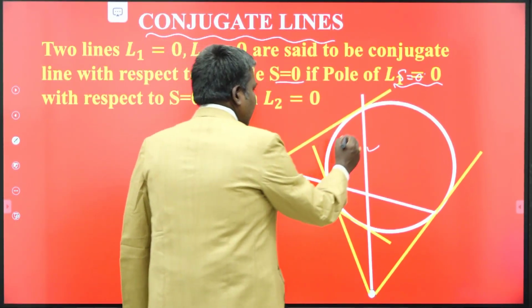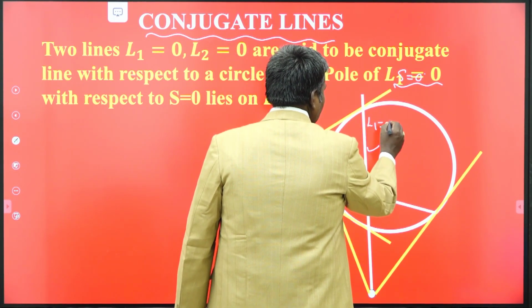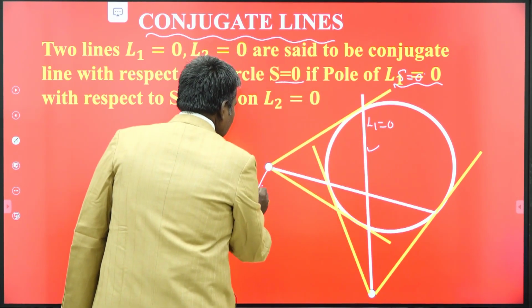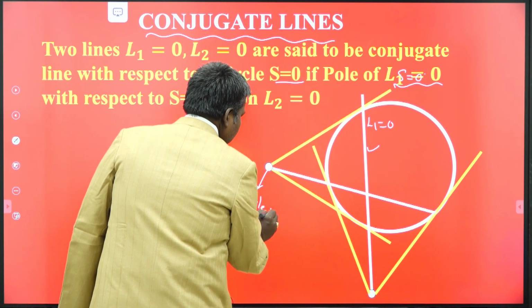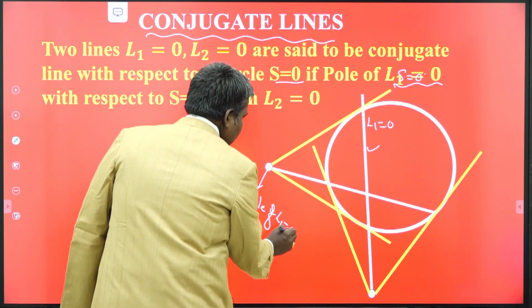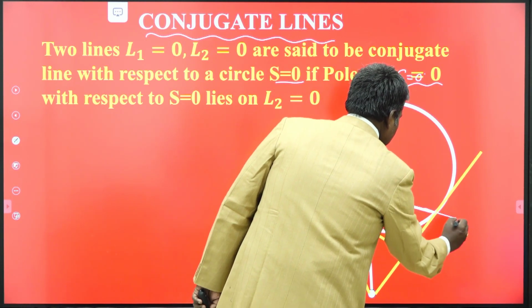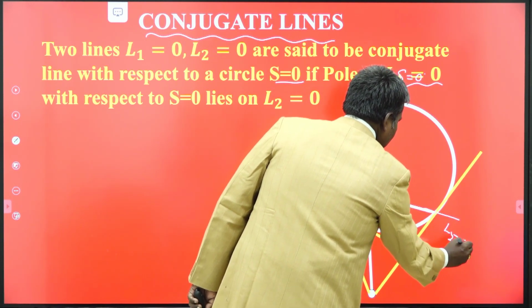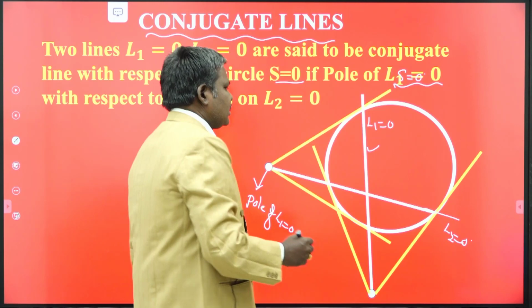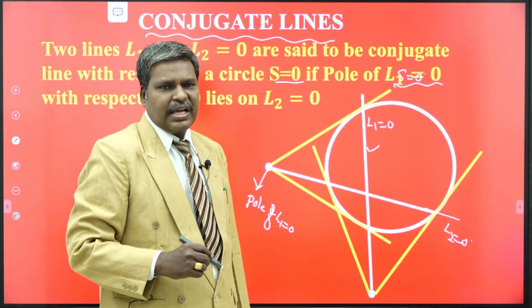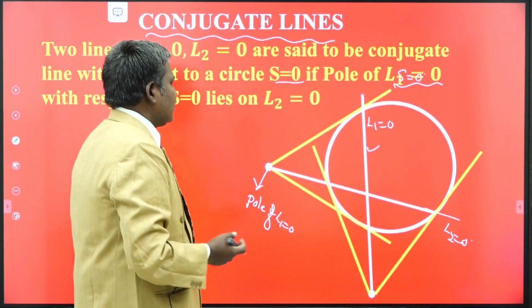See here, this is my line L1 equal to 0. This is the pole of L1 equal to 0. It lies on the second line L2 equal to 0. In this situation, we say that the two lines are conjugate lines with respect to the circle S equal to 0.